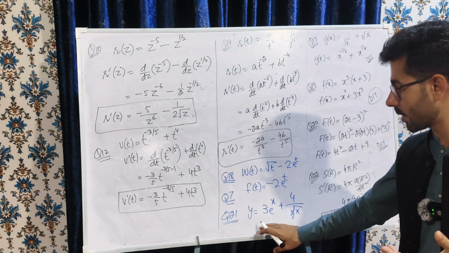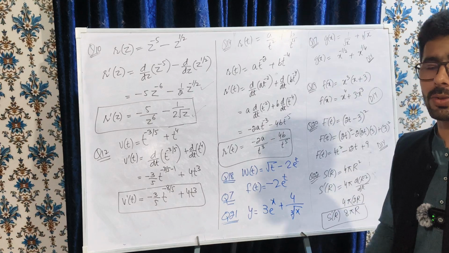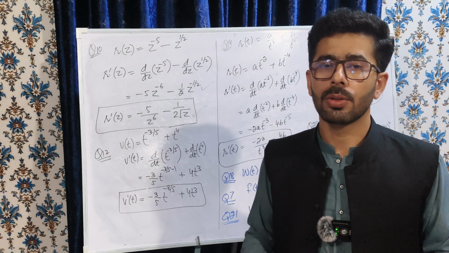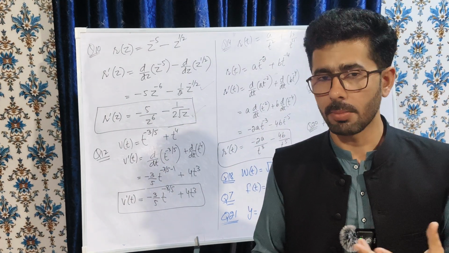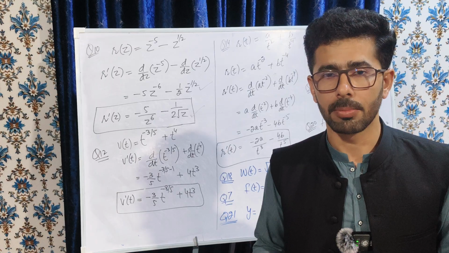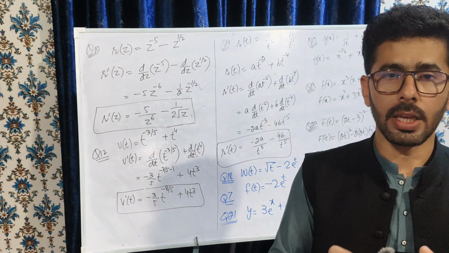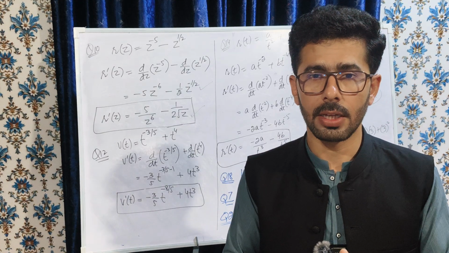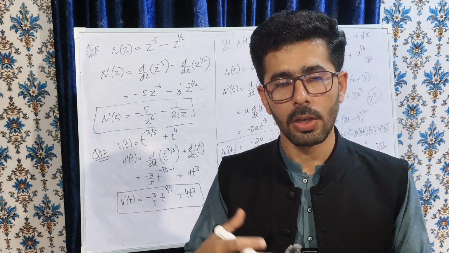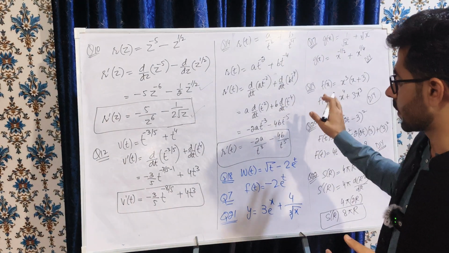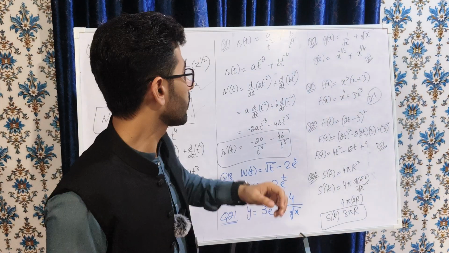Similarly, question number 21 also has e power x in it. For now, we don't know the derivative of e power x or e power t or e power any other variable, right? So we are not attempting those parts for now. We'll be doing them immediately after we are done with the other parts.